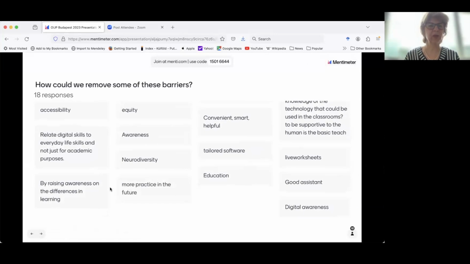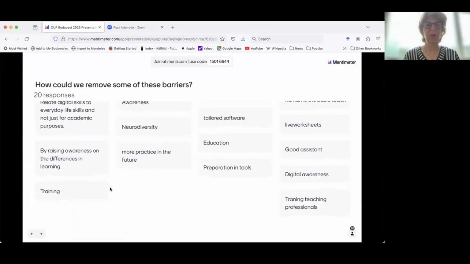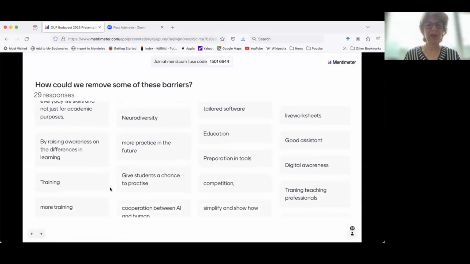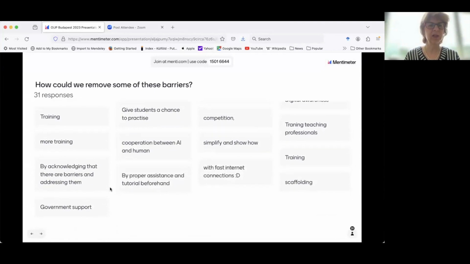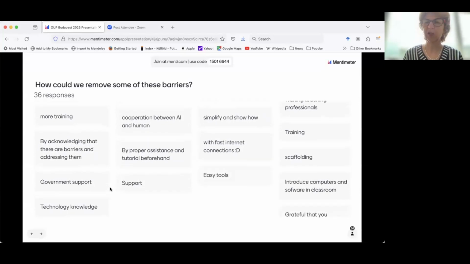More practice in the future, training, preparation tool, digital awareness, more training. It looks like training is really important, scaffolding, acknowledging that these barriers exist and addressing them, tutorials, faster internet, some government support, introducing computers and software in the classroom, etc. Right? Technological knowledge.